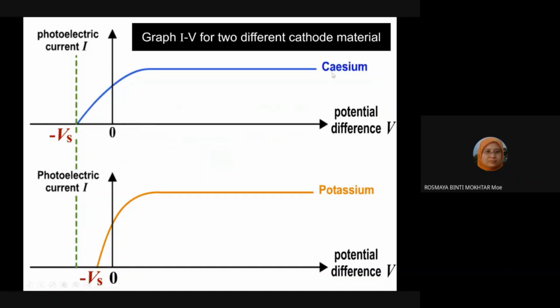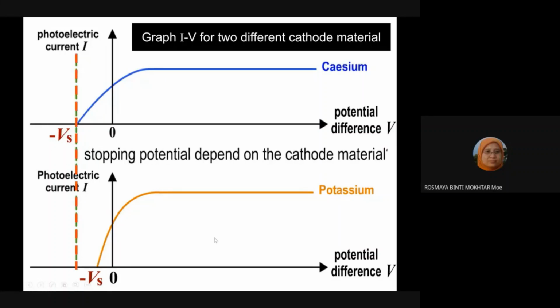If you use caesium and potassium as the cathode metal, when we change the terminal of the battery, this negative part, we get different values of stopping potential because different metals are used. If the same metal is used, you get the same Vs, but a different maximum photoelectric current if you use high intensity.